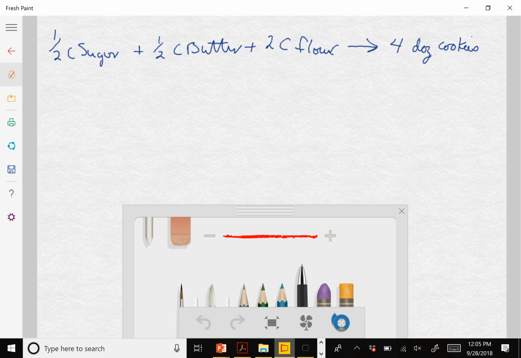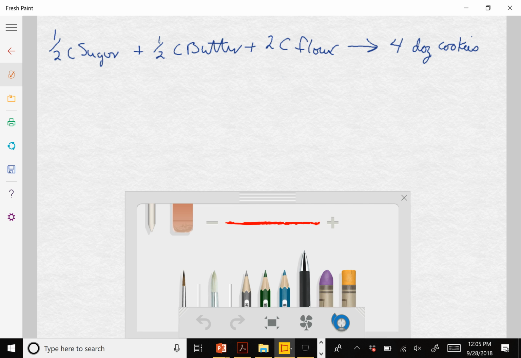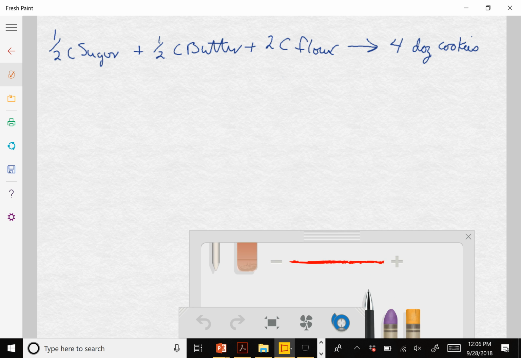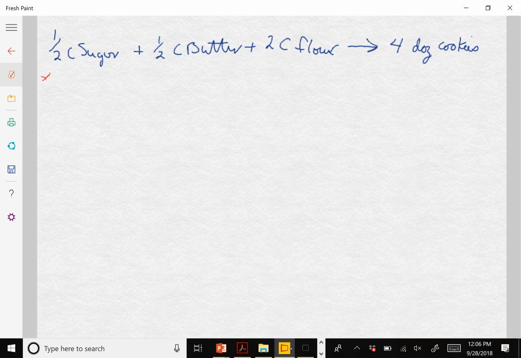And we know that we can scale those stoichiometric coefficients. For instance, let's see how we do this. Let me change my pen color. Yeah, red works. If I want to scale it up and make 8 dozen cookies, I could take everything times 2.